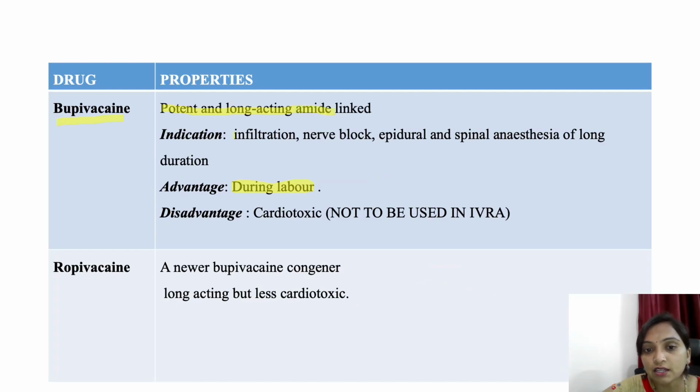Other indications are infiltration, nerve block, epidural and spinal anesthesia. As a disadvantage, it is a little cardiotoxic, so it is not used in IVRA, intravenous regional anesthesia. Ropivacaine is a bupivacaine congener with lesser cardiotoxicity.